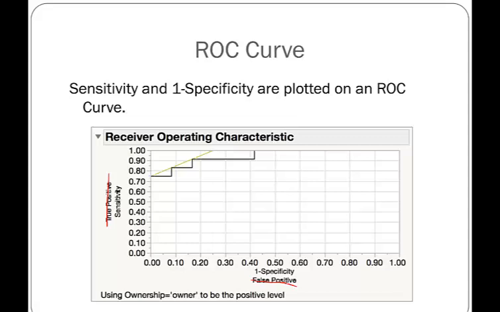But the idea here is if the specificity is 100%, that means that we have correctly classified all of the zeros. That's going to put us somewhere on this line. And if the sensitivity is 100%, that means we've classified all the ones correctly. That's going to put us at this point right here. So if we let the sensitivity go down, we're going to stay on this line here.